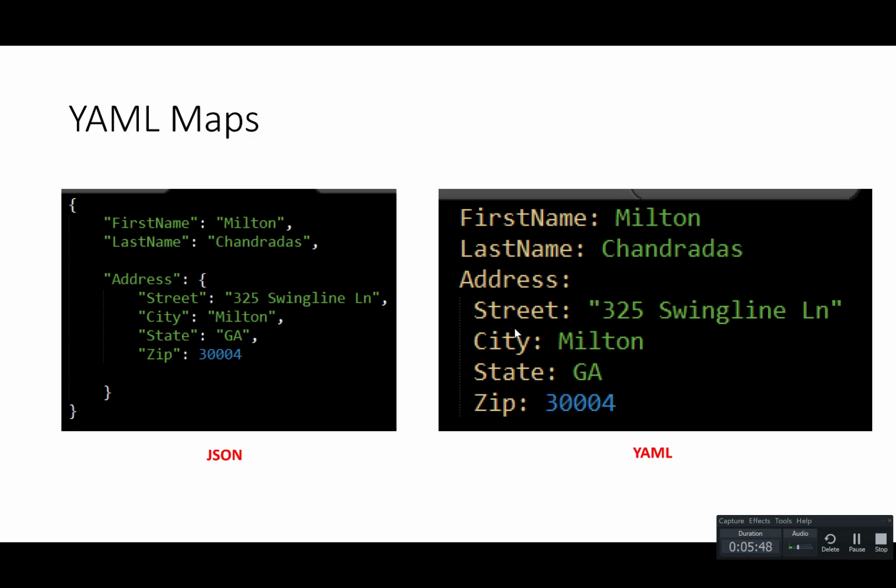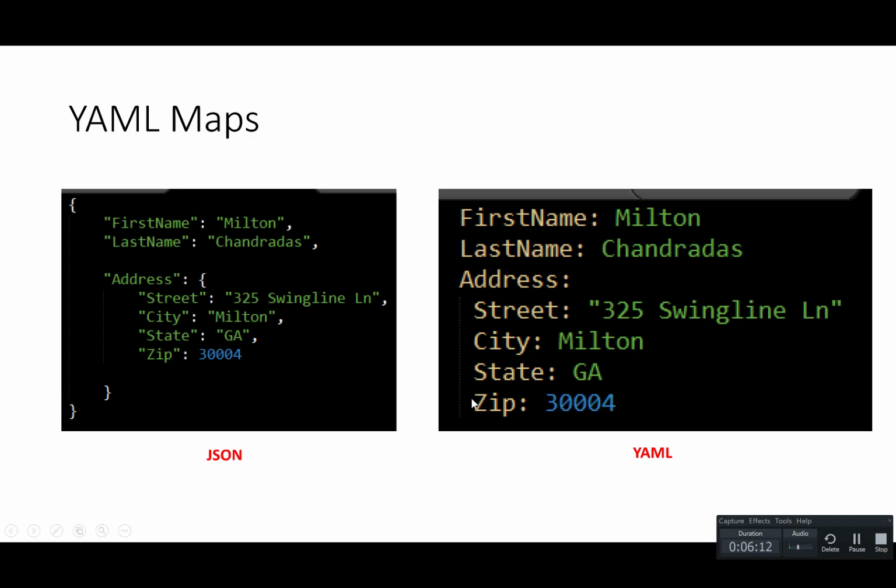Now, a quick note on this indentation. The indentation needs to have at least one or more spaces, and you have to be very consistent with the spacing. So for example, if street is indented by one space, then the city, state, and zip all need to be indented by exactly one space.